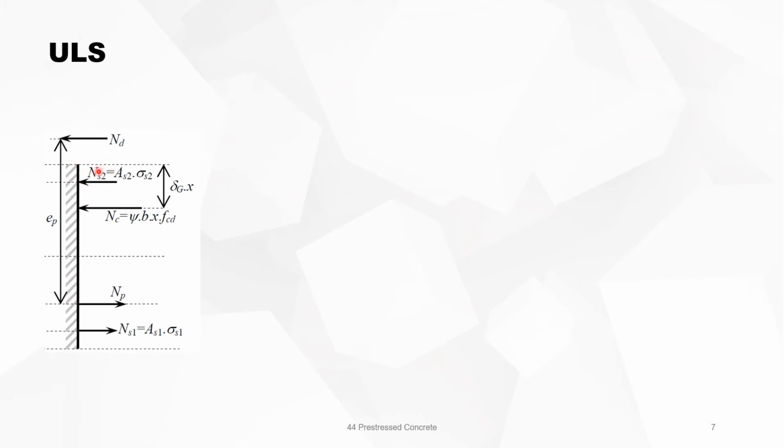The total compressive force in the reinforcement is AS2 times sigma S2. The concrete compressive force NC is psi b x FCD with delta g x as distance, and so on. Of course, this is only valid for a certain domain, domain 2A here. You can have a similar diagram for each domain that you can come across.